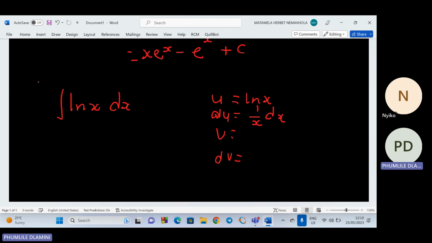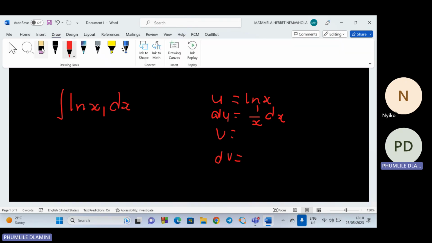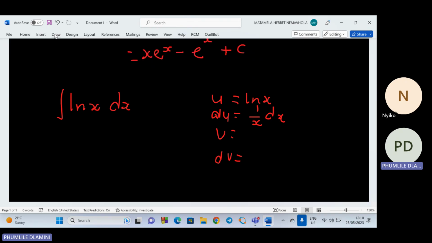Then my dv is going to be 1 dx, because I already indicated that there is a 1, even though it's not written, which means v is x, when we integrate 1.